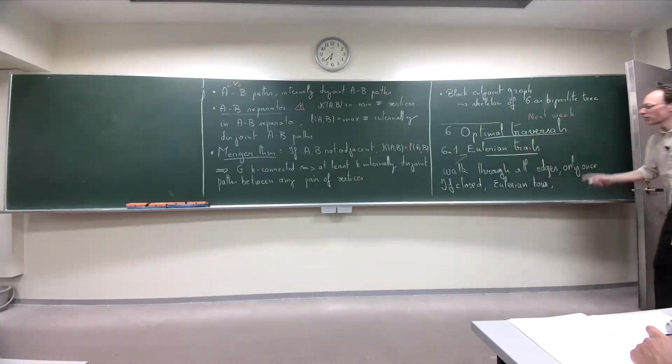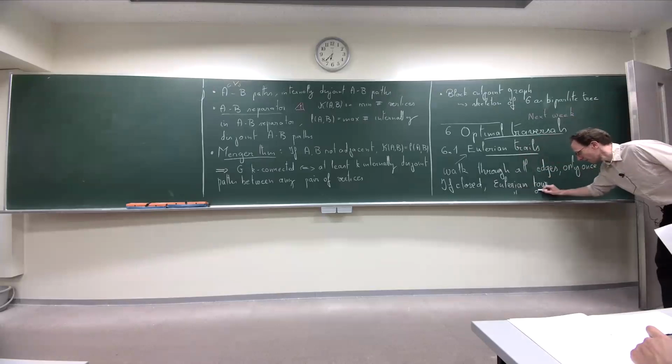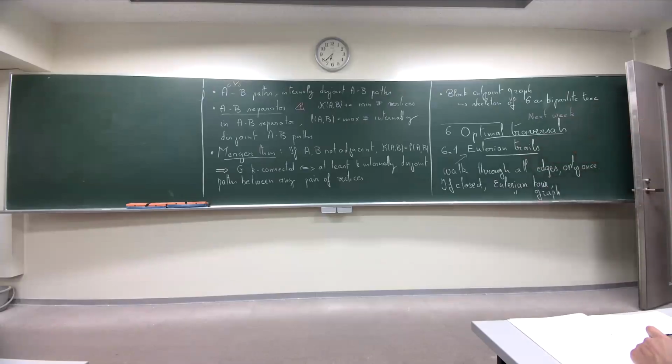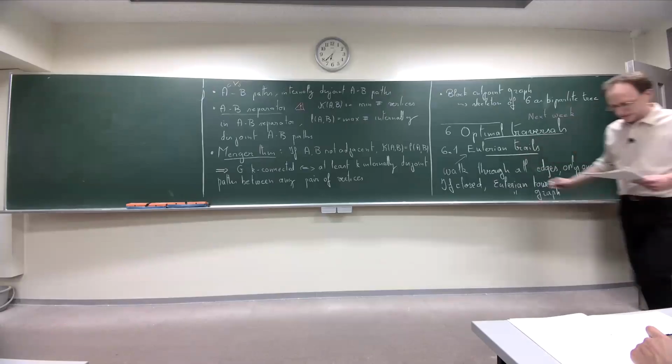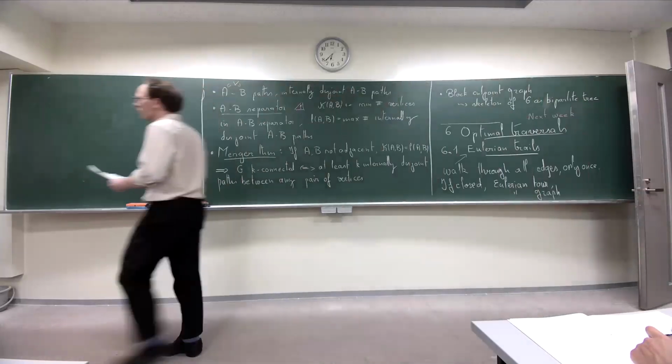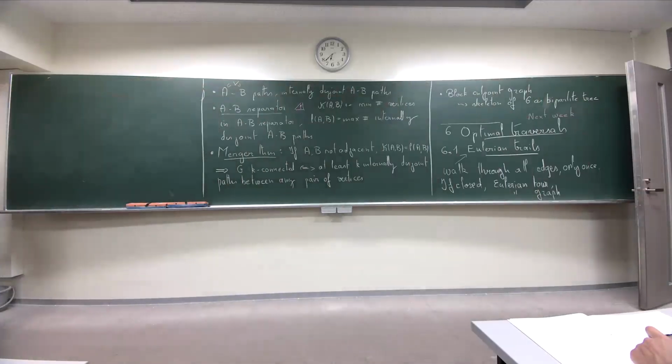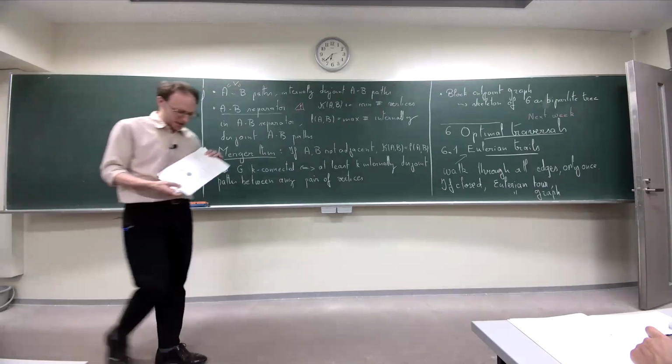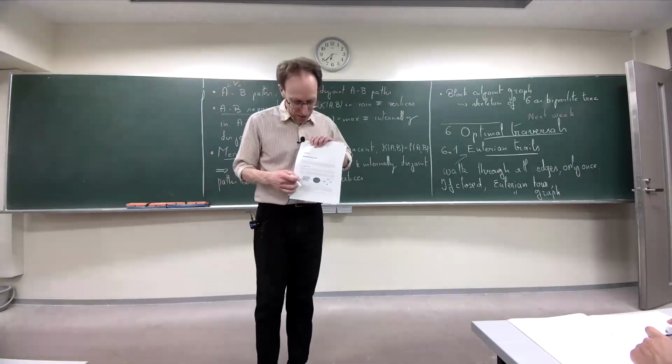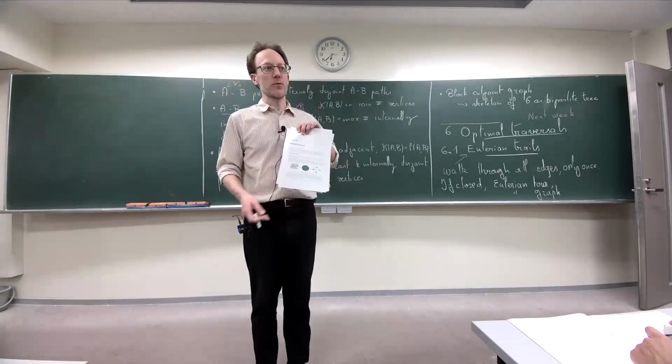And if you have a graph with a Eulerian tour, you call it a Eulerian graph. You should have in mind one picture, because it's a famous picture, and you find it everywhere on the internet. There are these 7 bridges of Königsberg.